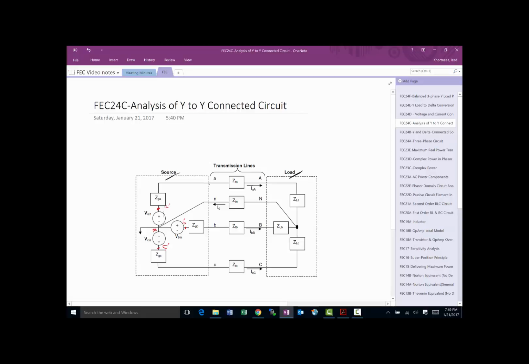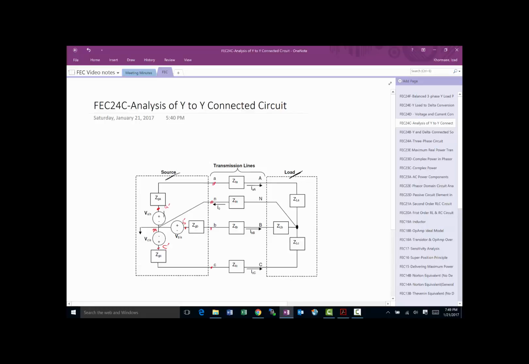As you can notice, when the wires come out of the source itself, they're connected to the transmission line. These transmission lines could be anywhere from a few miles to hundreds and thousands of miles, and in this particular case there will be 4 transmission lines, and then of course they're connected to the load.